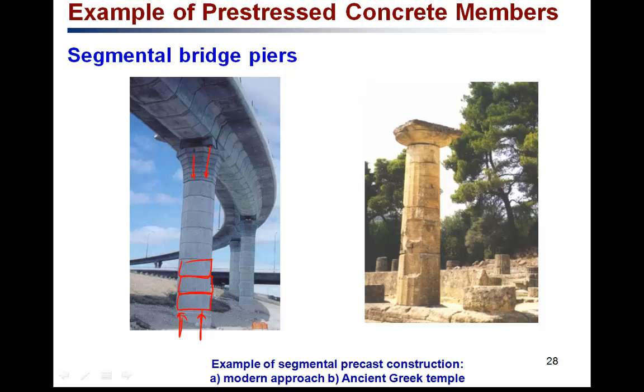But in fact, the ancient Greeks also utilized a similar technique for construction of this pier. As you can see here, it has segments as well, and they are joined together by a heavy load at the top. It will produce compressive stress which will hold these segments together, which is very much similar to the modern piers as well.